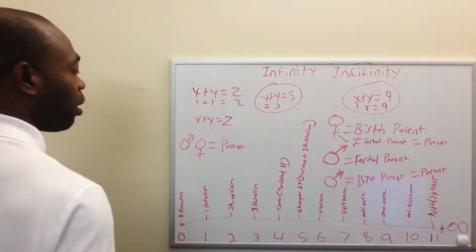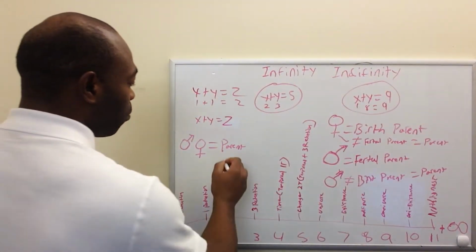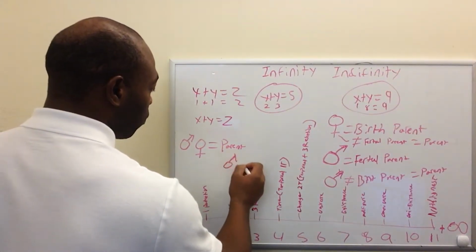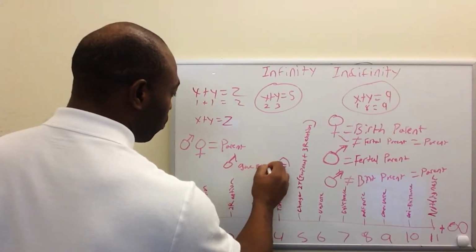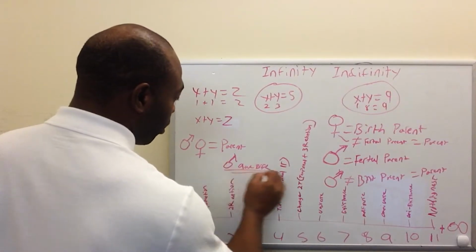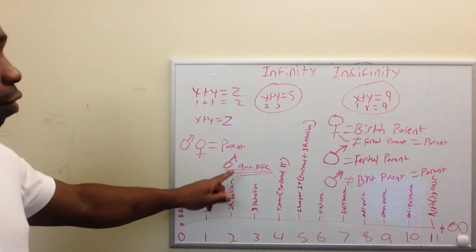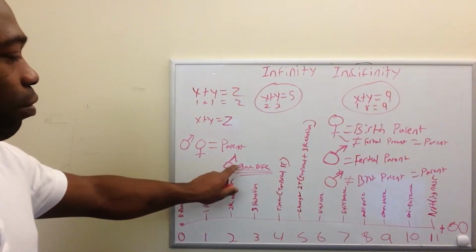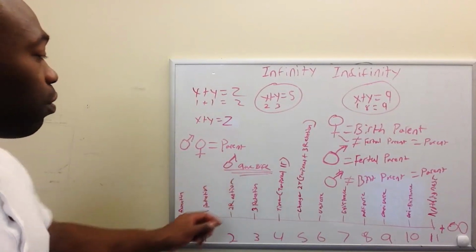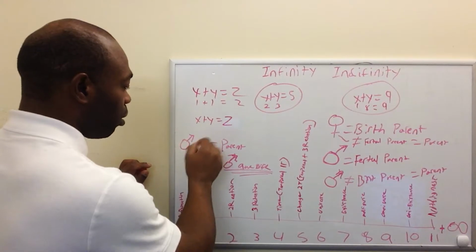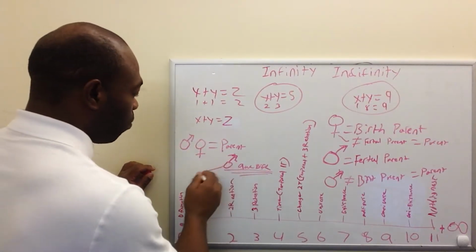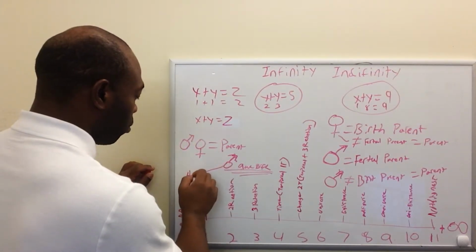So if I said that this symbol gave birth, as a scientist, when I test that, then I have to accept the fact that if this symbol was observed as giving birth, that it's not the fertile parent, it's this symbol, which means that this would have to be asexual.